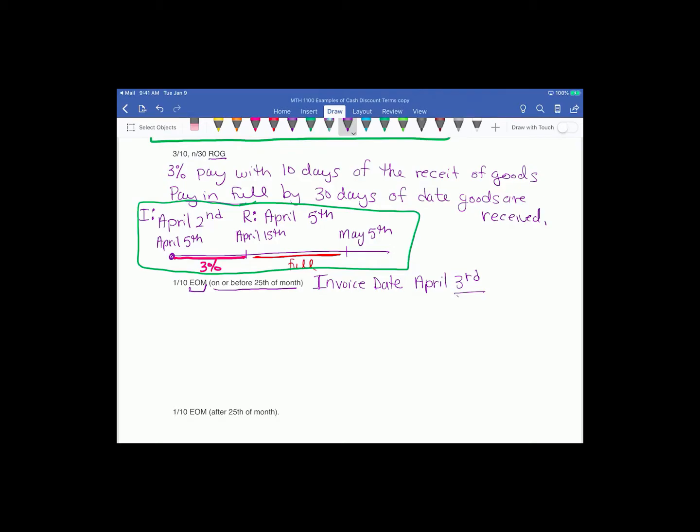So what would happen is, if you have end of month rules, you get a 1% discount if paid by the 10th day of the next month.